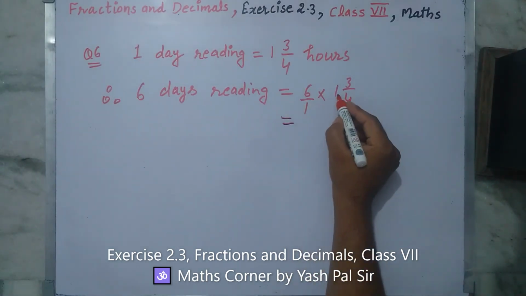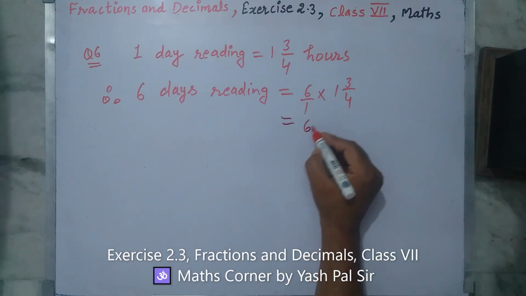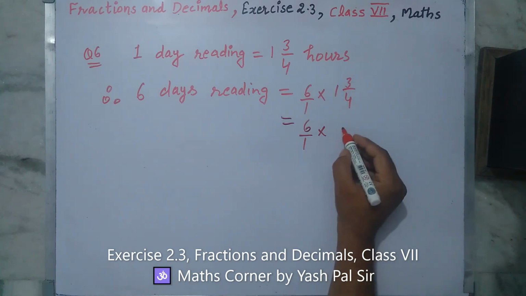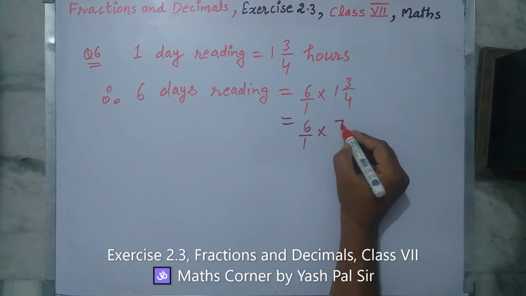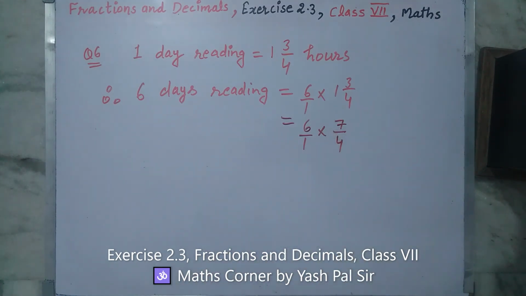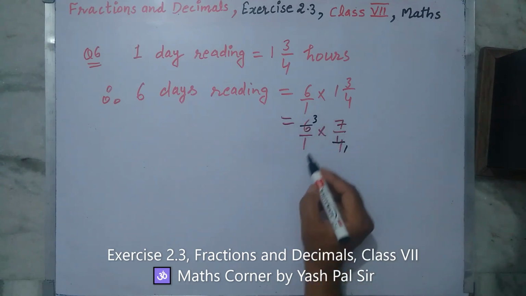6 by 1 into 1 and 3 by 4. That means 6 by 1 into 4 ones are 4, 4 plus 3, 7 upon 4. So we can cancel them. 4 twos are 8, no: 4 ones are 4, 4 threes are 12, so the 6 reduces to 3 over 2.